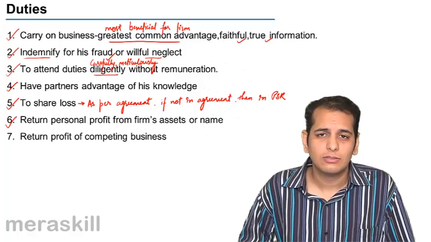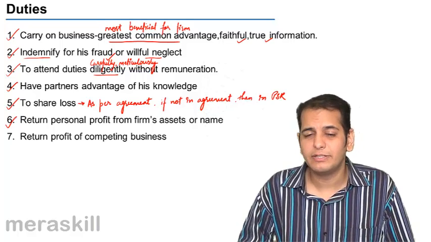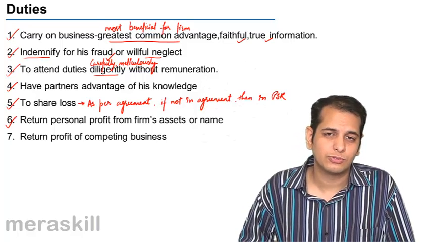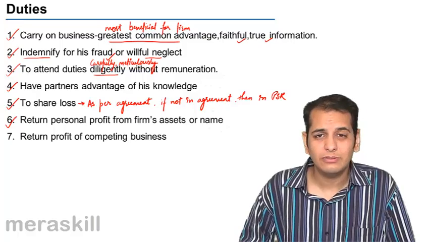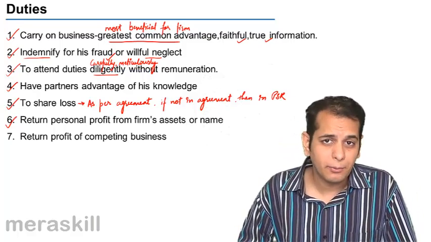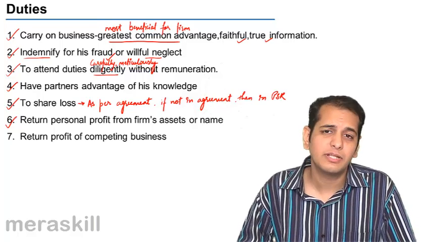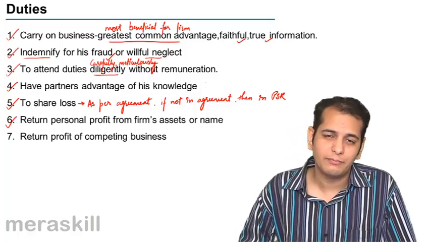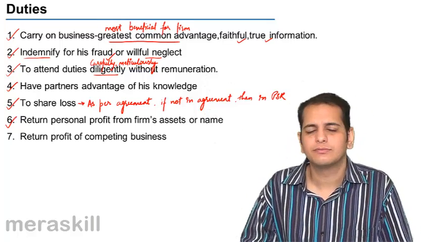He does not give the credit to the firm. He does not show the transaction in the firm's books. So since he is making personal profit by using the firm's name, he should give such profit to the firm and then get it distributed.